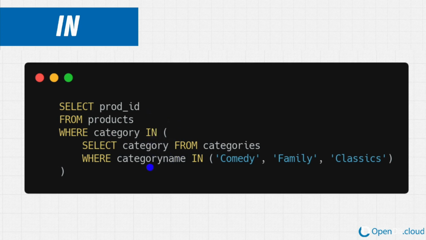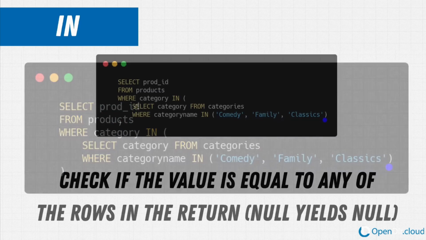And the question was, hey, can you show me all of the products in the category comedy, family, and classics? So we wrote a subquery, which is a bit overkill, but in any case, we wrote a subquery that's going to return us the category numbers for the categories that are in comedy, family, and classics. And then the outer query is going to check if that number is in the numbers that were returned from this inner query.